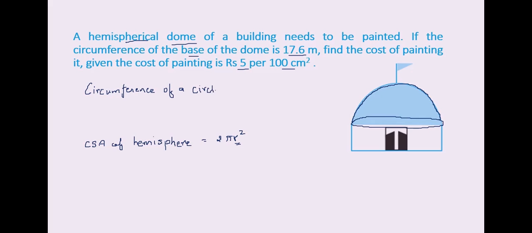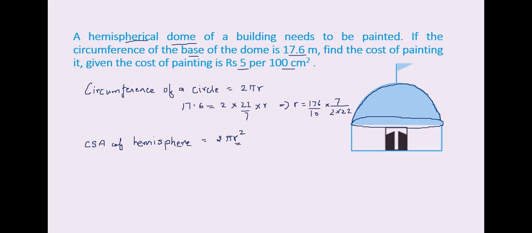What is the formula for circumference of a circle? 2 pi r. Now circumference is given, 17.6 meter equals 2 into 22 by 7 into r. So what is r equal to? r equals 176 upon 10 into 7 upon 2 into 22.